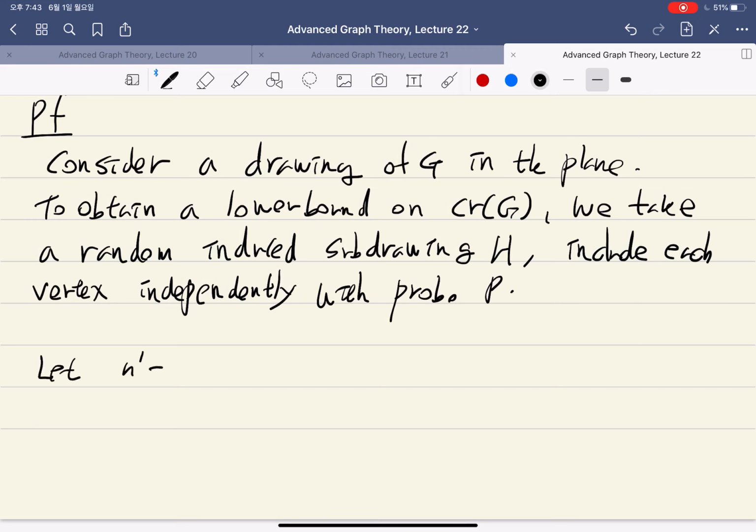Let n prime be the number of vertices in the graph H that we obtain, and m prime be the number of edges in H that we obtain.